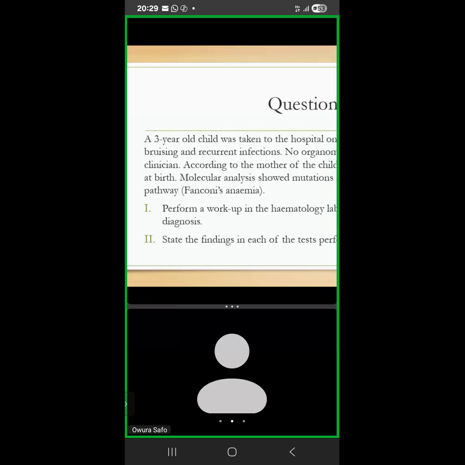Let me tell you, most of the things we tend to end at peripheral blood smear and bone marrow, and even the bone marrow, scientists are told that they are not supposed to be examining bone marrow.